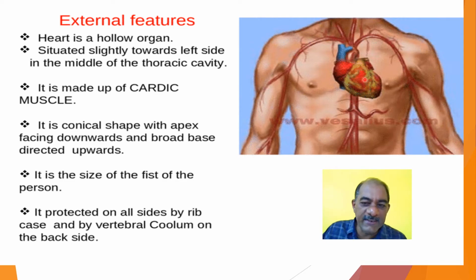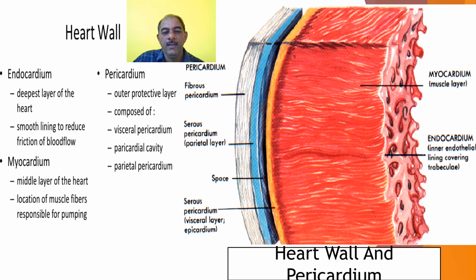The heart is covered by a double wall covering called pericardium, and it consists of two layers, visceral and parietal pericardium. Peri means surrounding, cardia means heart. Heart surrounding layer is called as pericardium, and this pericardium is divided into two main parts.